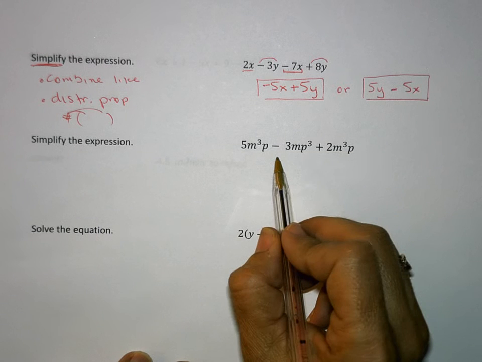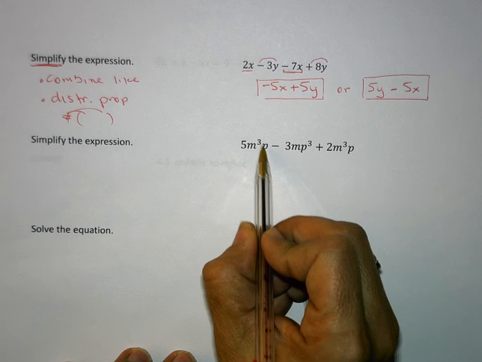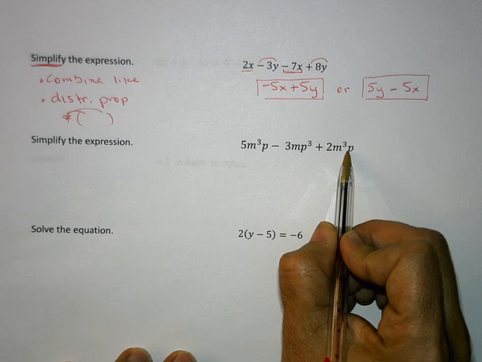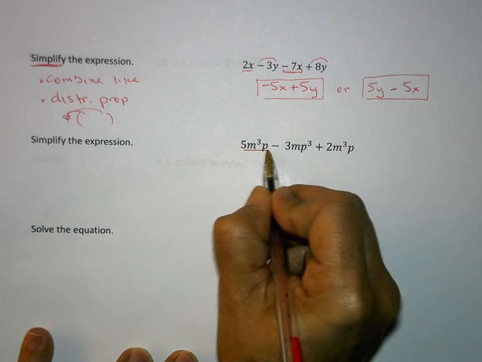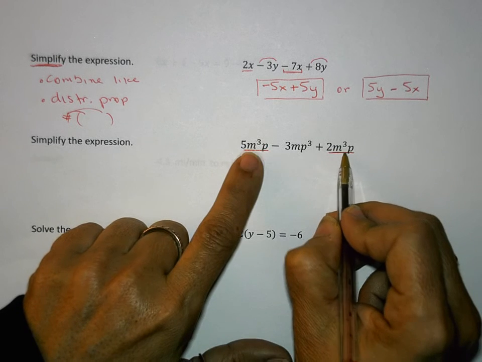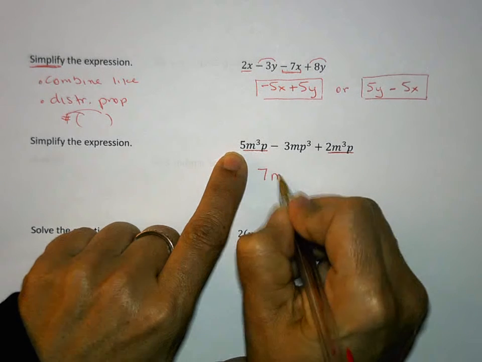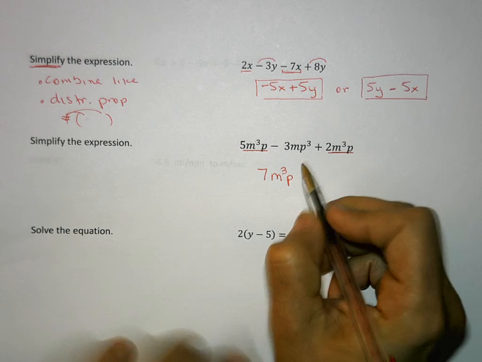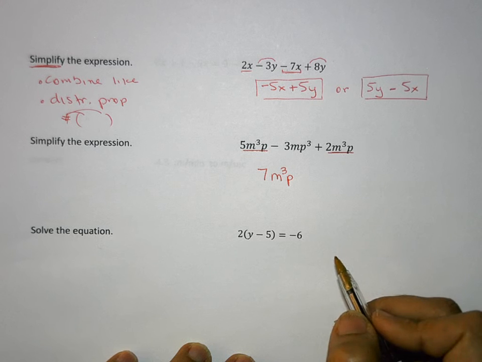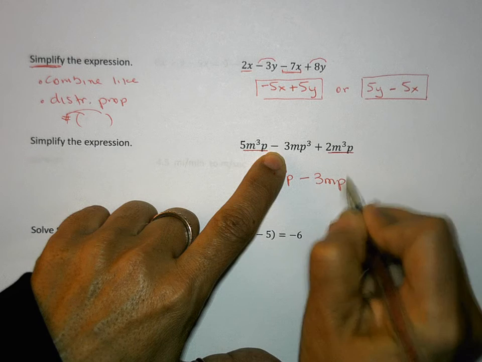We have a bunch of letters that look exactly the same, but they have different exponents. The m is cubed, the p is not. Let me find another term where, oh, here we go. The m is cubed and the p is not. So these two, m cubed p and m cubed p, are like terms, and those are the two I'm going to combine. 5 plus 2 is 7 of the m cubed p. Then there are no other terms like the m p cubed, so I only have a negative 3 m p cubed.